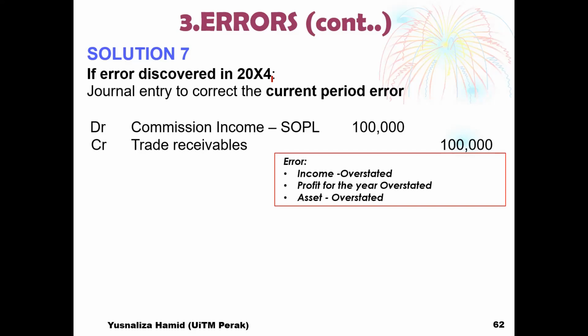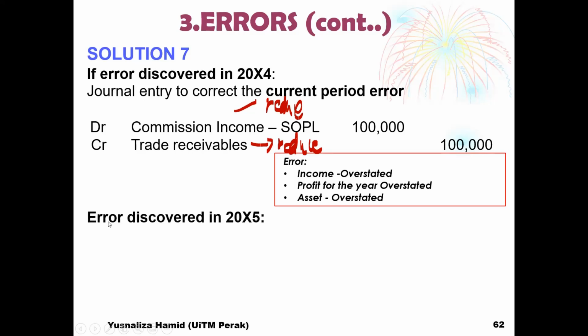Therefore, you are going to make the correction by reducing the commission income that has been overstated, and crediting trade receivable, which reduces the trade receivable, because before this, trade receivable was not credited as you credited the commission income. So the income was overstated, profit for the year was also overstated, and at the same time, the asset, trade receivable, was also overstated since there was no reduction.